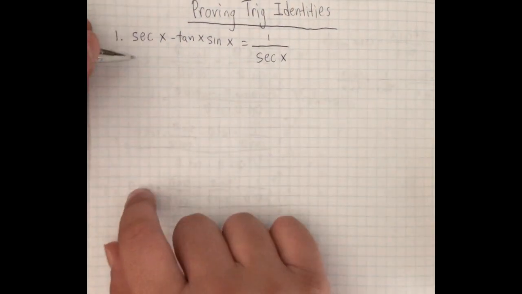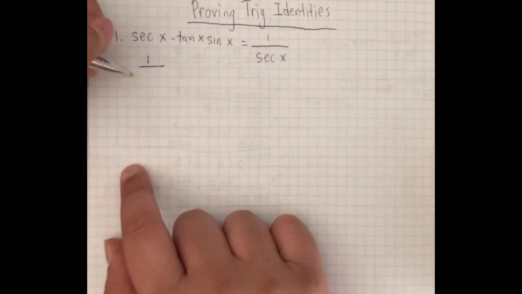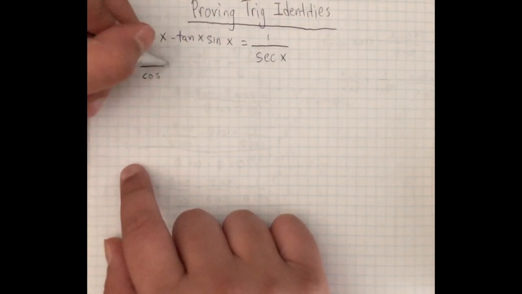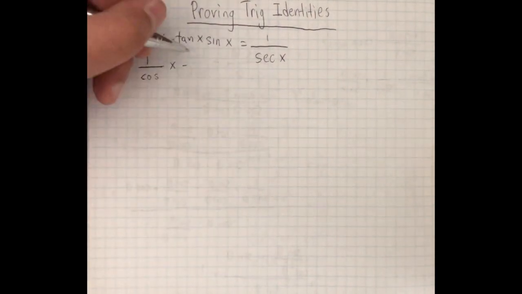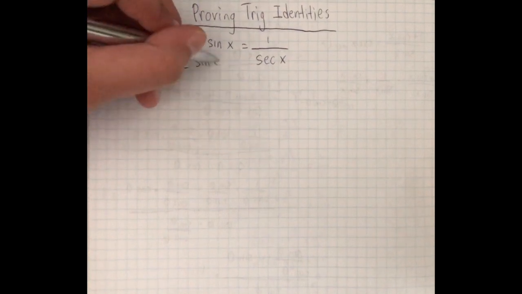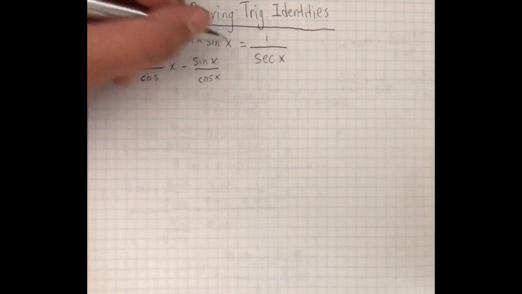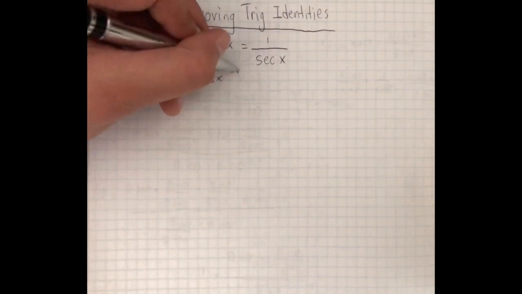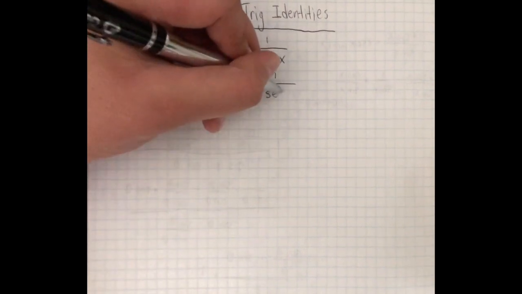So let's start off by rewriting secant x. That's the same as 1 over cosine x, minus tangent x, which you can write as sine x divided by cosine x, and then you have a times sine x, is equal to 1 divided by secant x.